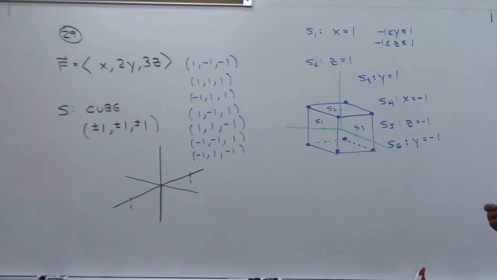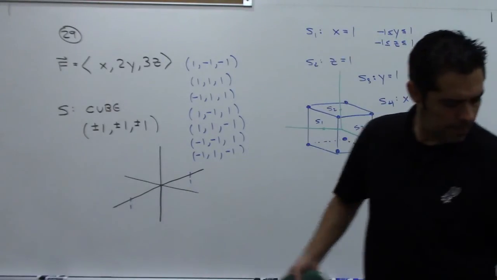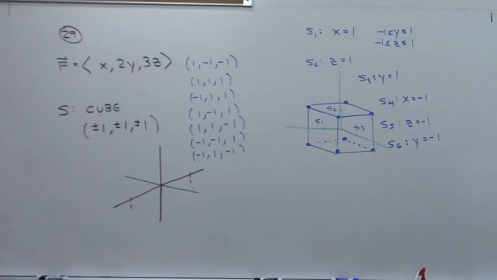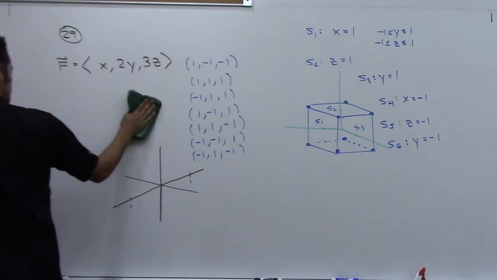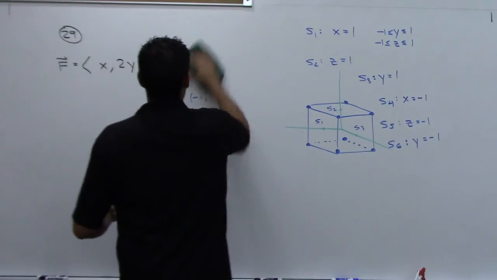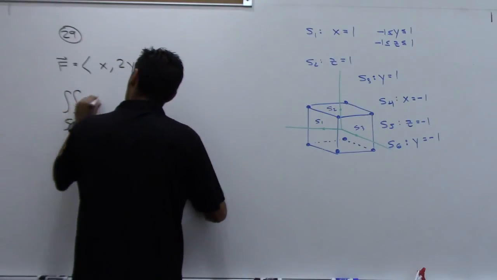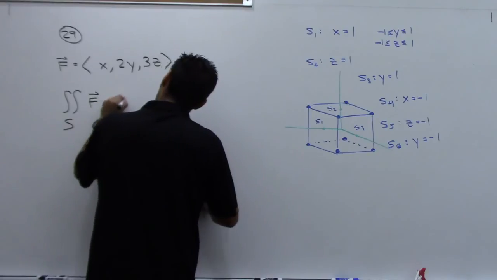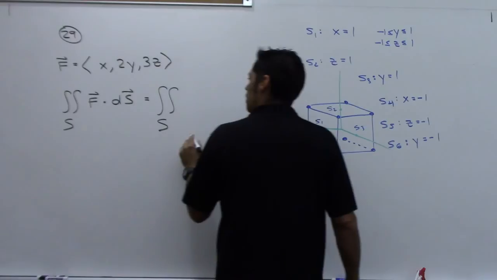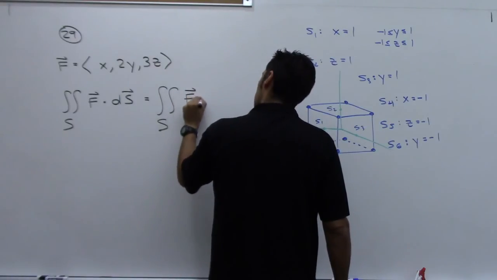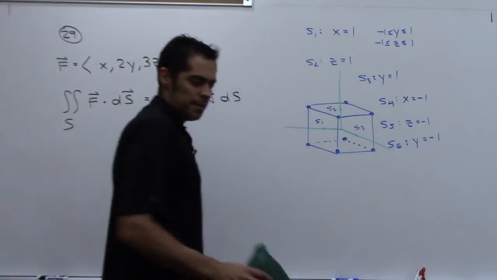And we're trying to evaluate the flux. So let me do it here. Trying to figure out what the surface integral over S of F dot dS is, but there's an equivalent double integral of F dot n dS, where S is the surface area, right?